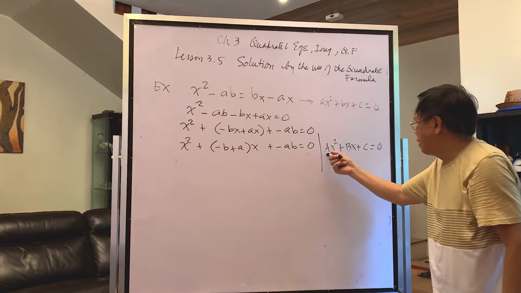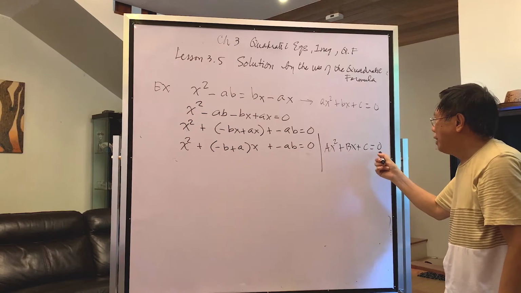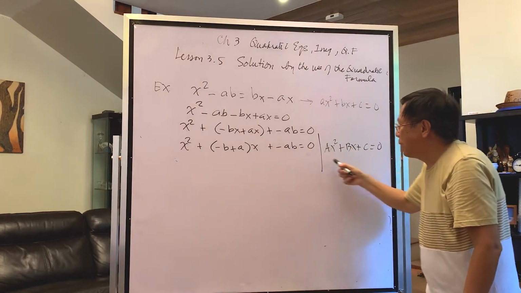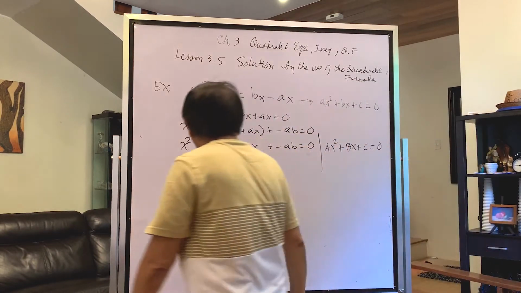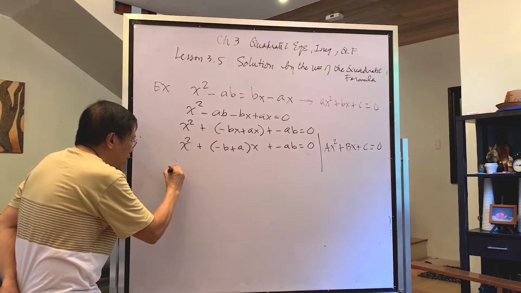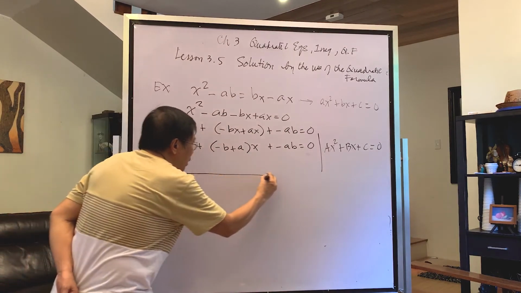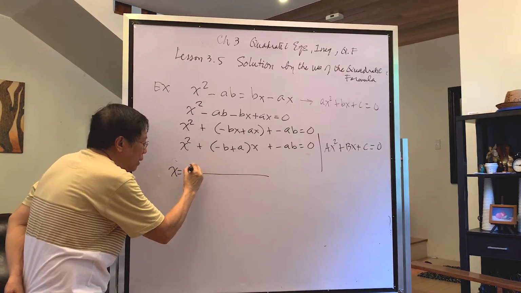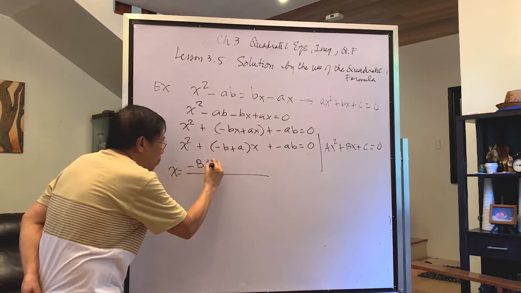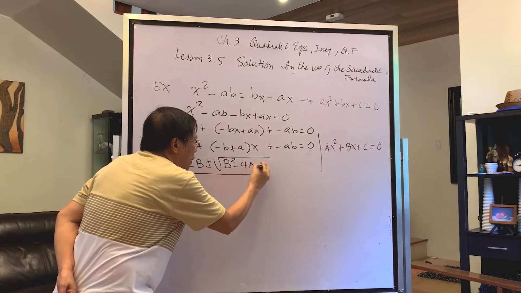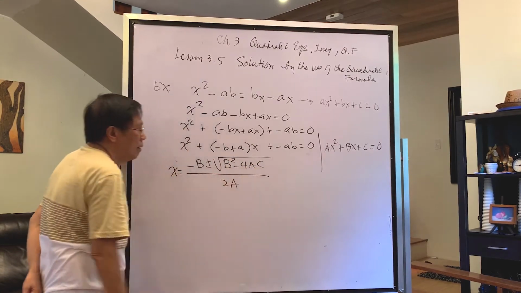I'm using this form of the quadratic equation not to confuse it with the formula which involves the small b's and small a's and small c's. Therefore, I can now write my solution in terms of those coefficients capital A, capital B, capital C as what? Negative B plus or minus square root of B squared minus 4AC all over 2A.